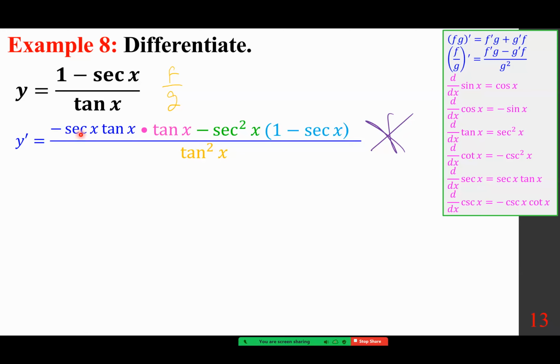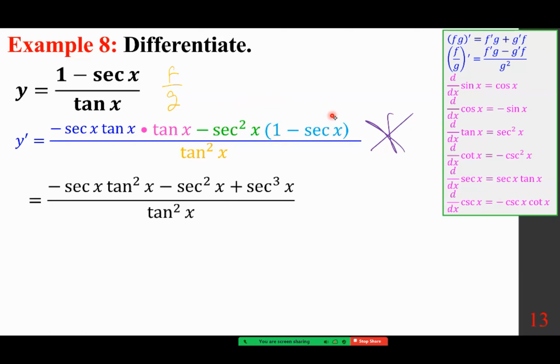First, this one is minus secant x tan squared minus secant squared x plus secant cubed x.